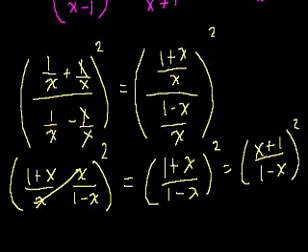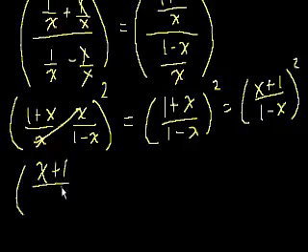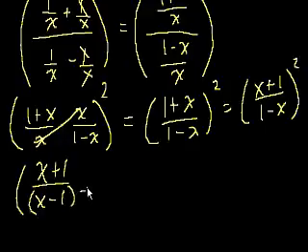But let's think about it. 1 minus x, let me rewrite it. This is the same thing as x plus 1 divided by, now this 1 minus x is the same thing as x minus 1 times negative 1, and we're going to square all of this.